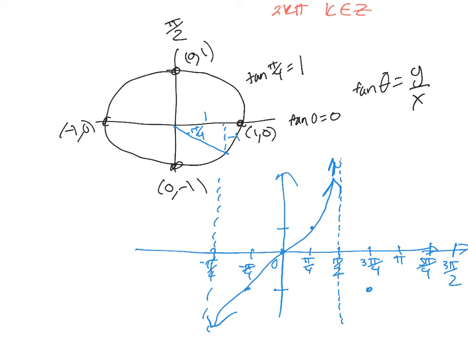At pi, y over x is 0. At 5 pi over 4, tangent is positive because both x and y are negative. And then at 3 pi over 2, as we get close to there, that's where it's undefined. But it's undefined where both x and y are the same sign, both being negative, which will make it explode towards positive infinity. So again, we get this type of look here.